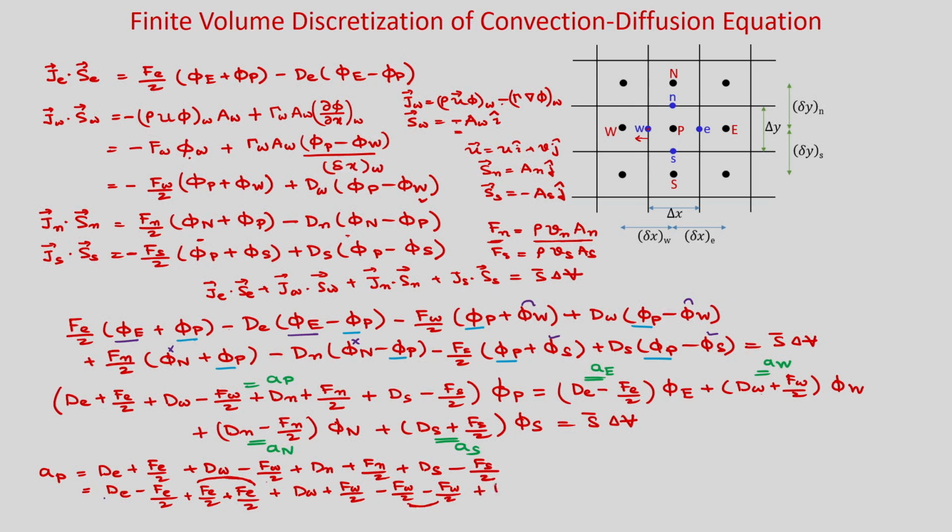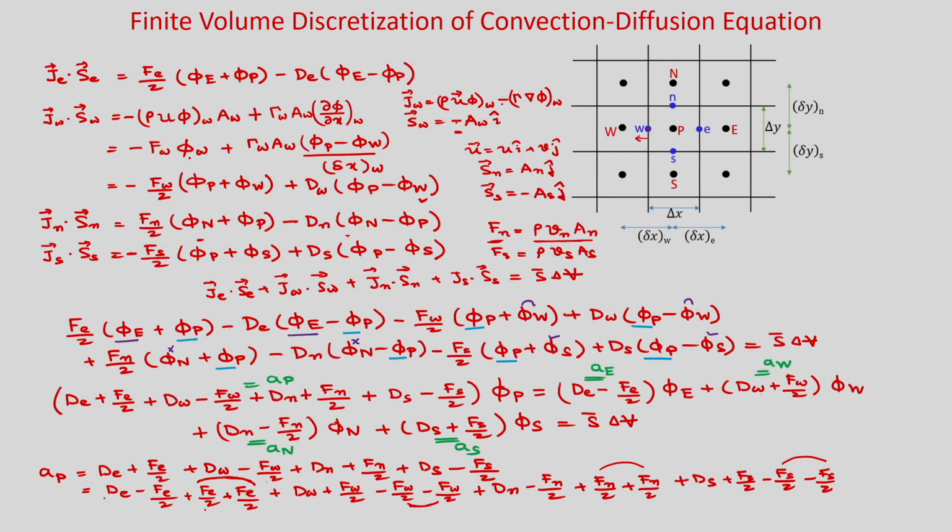Similarly, for d n, a n contains minus f n by 2. So, we will write minus f n by 2 plus f n by 2 and another f n by 2 is there. So, these together will give f n. And plus d s plus f s by 2, okay, and now we subtract minus f s by 2 and another f s by 2 is there. So, these together will give f s.